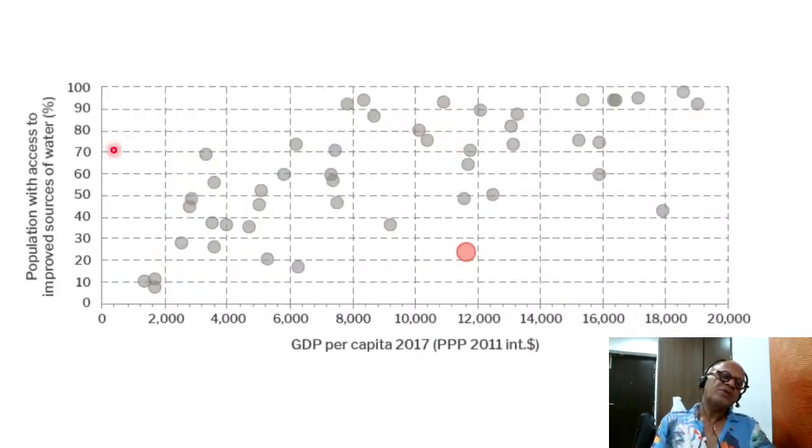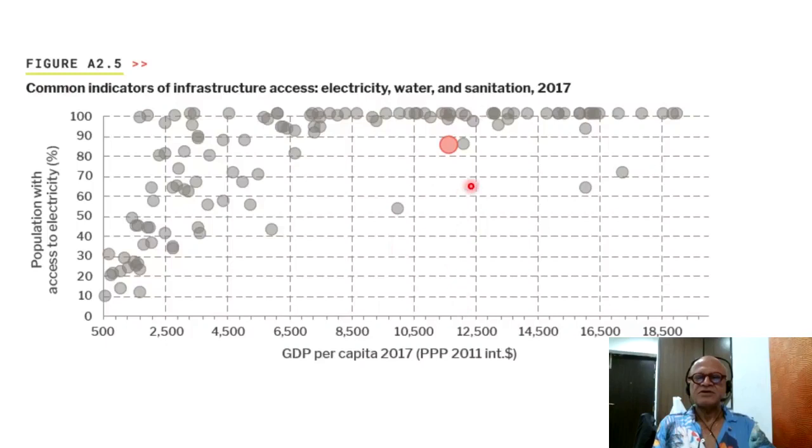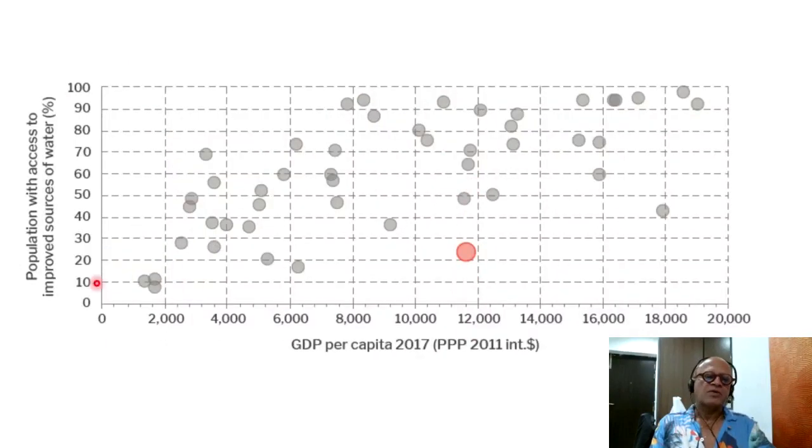But if you look at population with access to improved sources of water versus GDP, Mongolia is down here, which does very poorly. The per capita income is still in the same range, but water access is quite low, around 22% or so, and there are many countries where increased per capita GDP doesn't correspond to population with access to improved sources of water.